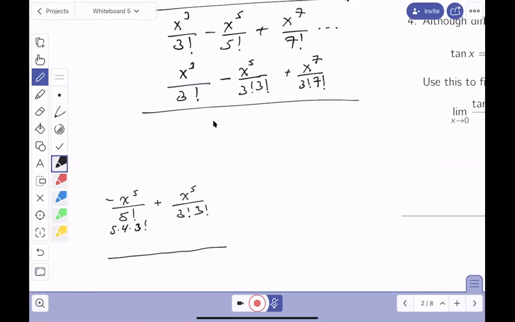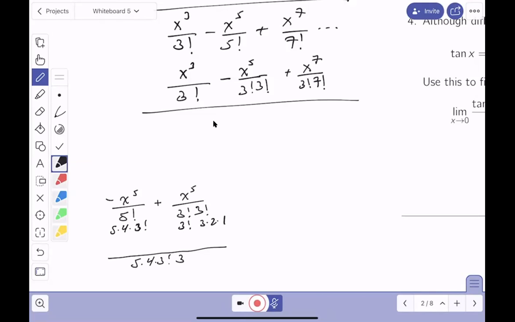All right. Let's write this down. Kind of looking at it. And this would be 3 factorial. And then I'd get 3 times 2 times 1. So I'm going to say it's 5 times 4 times 3 factorial times 3.